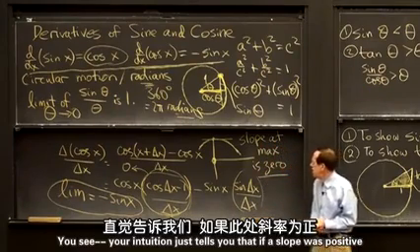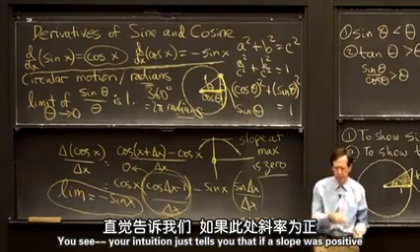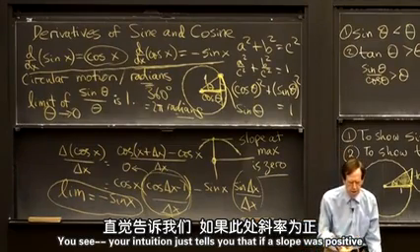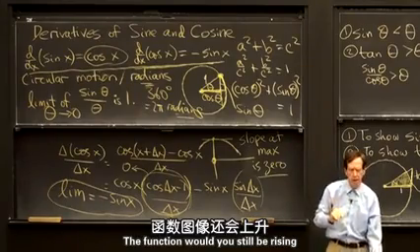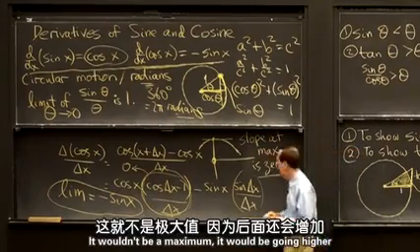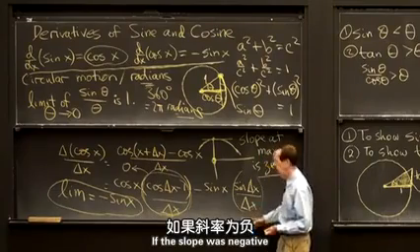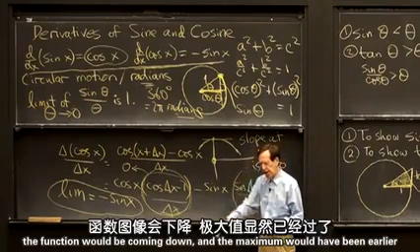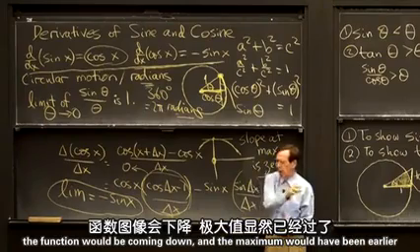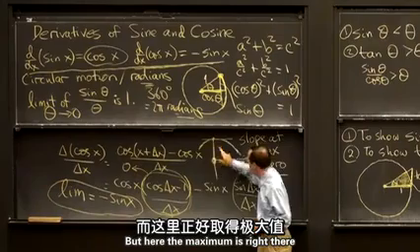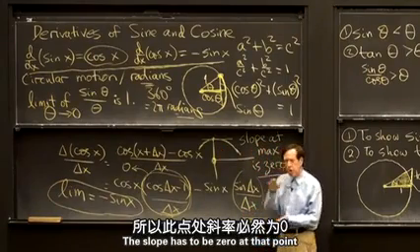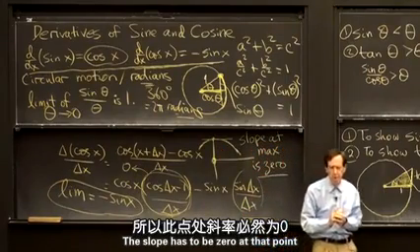You see, your intuition tells you that. If the slope was positive, the function would still be rising. It wouldn't be a maximum, it would be going higher. If the slope was negative, the function would be coming down and the maximum would have been earlier. But here the maximum is right there. The slope has to be 0 at that point.